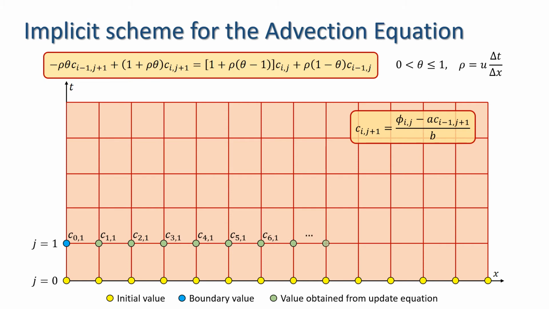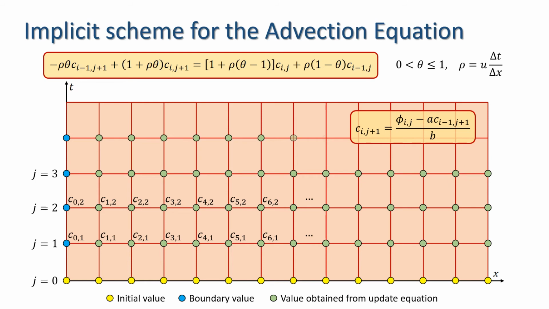Once we've swept across the whole grid, we can calculate phi at each point on the grid for time step j equals 1. Moving to time step 2, we call the next boundary value C02 and repeat the sweep. This formulation thus turns this particular implicit scheme into a pseudo-explicit one.